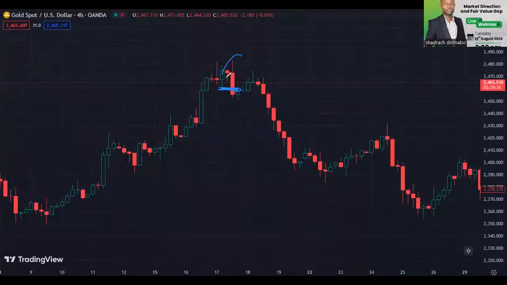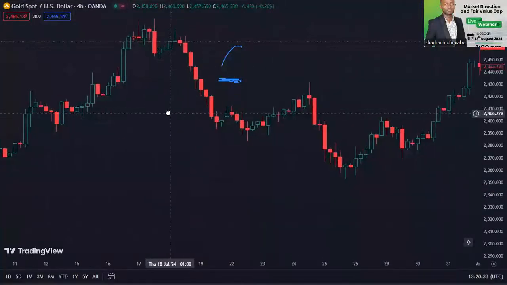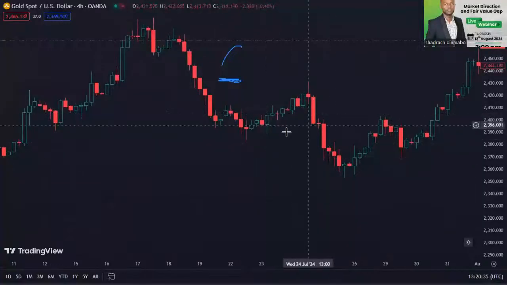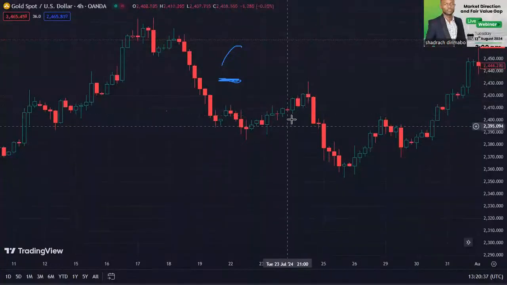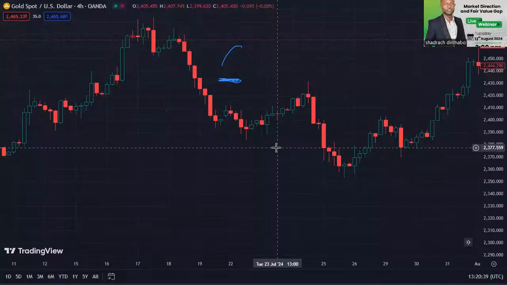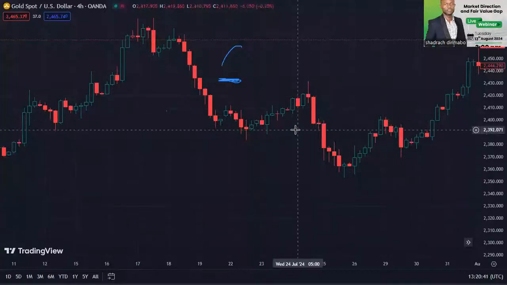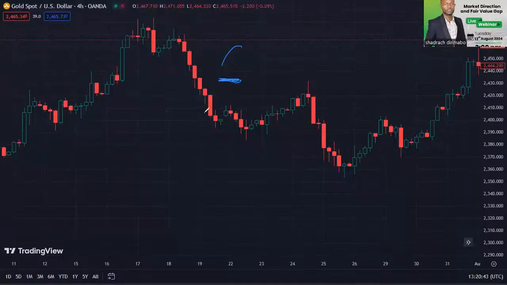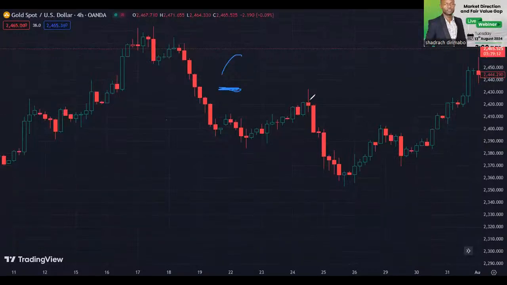So let's look at another one. If we shift downwards, let's look at this. Can you see it? Now, this is fine. This market did a retracement. There's an impulsive bearish candle here. Do you get that?